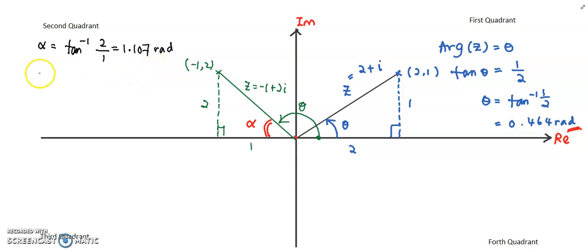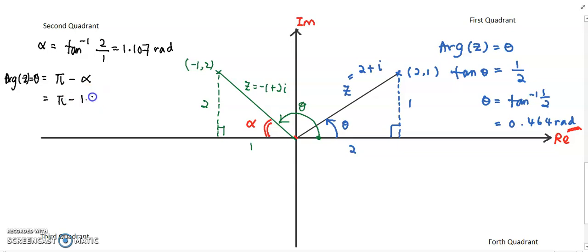To get the theta, as I have explained just now, the argument of Z is equal to theta, and we use pi minus alpha, which is pi minus 1.107 radian. Finally, you have your argument as 2.034 radian. Again, I remind you that we have to give our answer in the radian unit.